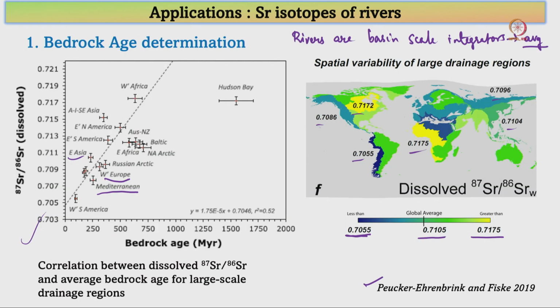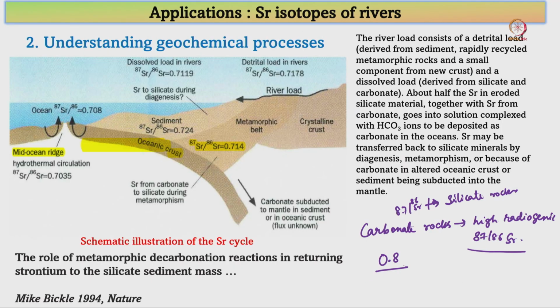So, just imagine, we were moving in this 0.7, 1, 2 range, and now we have carbonate rocks where the radiogenic signatures can reach up to 0.8. Why did carbonate rocks suddenly become so high in radiogenic 87 by 86 strontium?